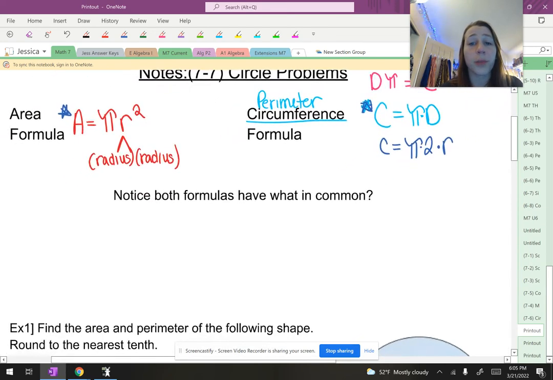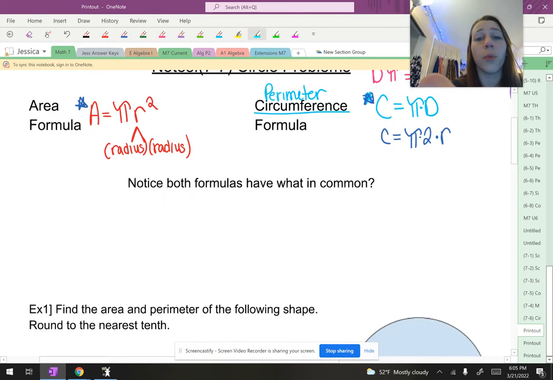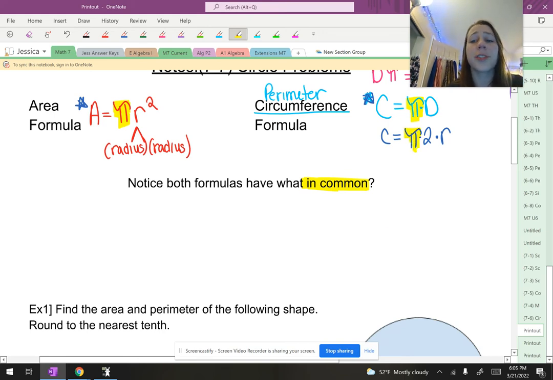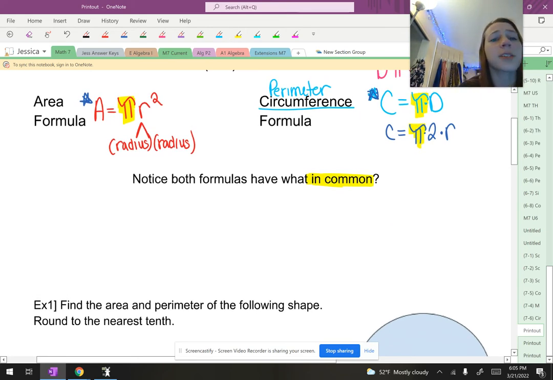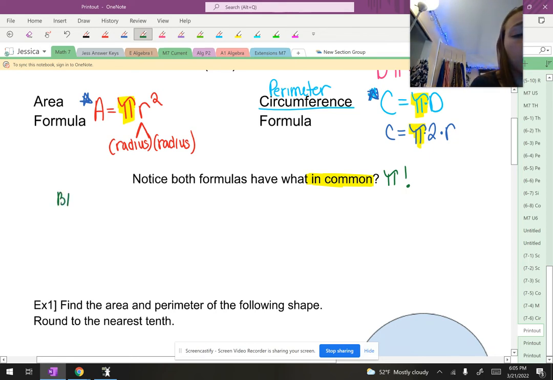When we're going to be using both of these formulas today, notice, what do they have in common? $1,000,000 question. Every single one of those problems has the pi in it. So pi is the answer to what both formulas have in common. Because you're using pi in that formula, what do you know about the way pi looks when you plug it into your calculator?